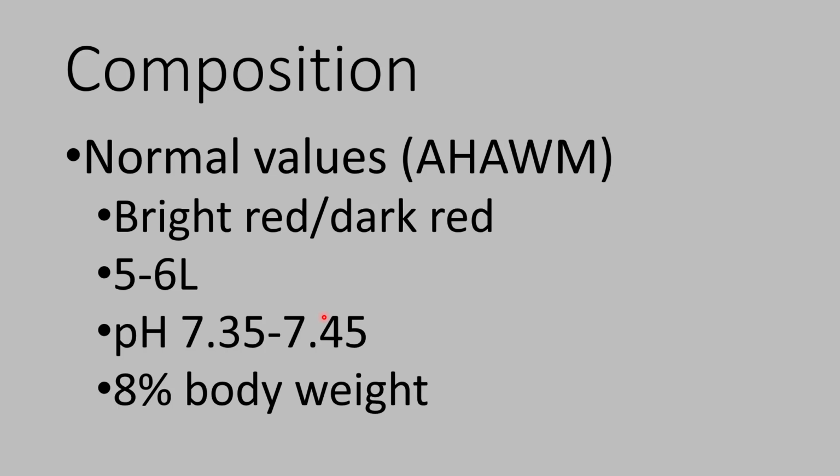So when we hear these normal values, especially in our book, they are talking about normal values for the average, healthy, adult, white male. Now, what that means is if we have someone who is not average, who is either well above average or well below average, these numbers will be different. If they are not healthy, if they have some sort of medical issue, well, these numbers will be different.